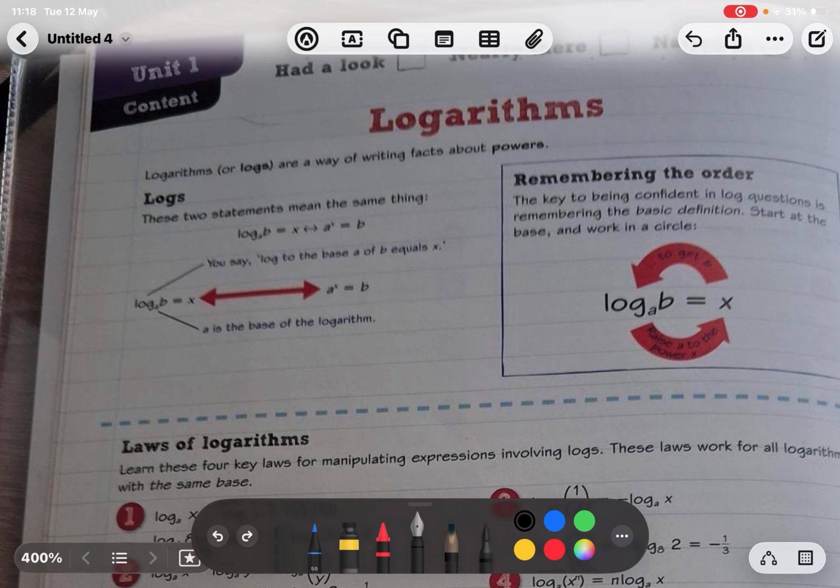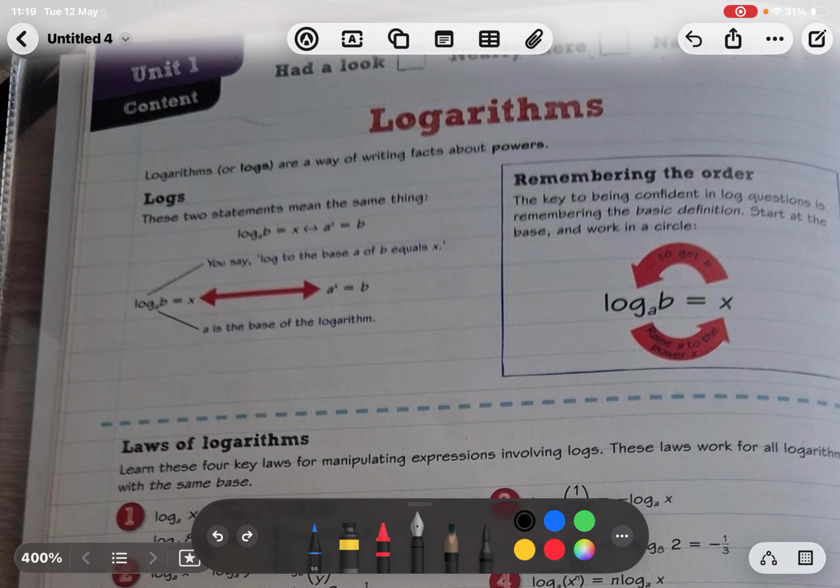You say log to the base a of b equals x. Aha. So a is the base, and b is, there's a word for it, but I guess I'll just call it big B, and then it equals x. X is the equal one. A is the base of the logarithm, what I just said, and this is basically equal to this.